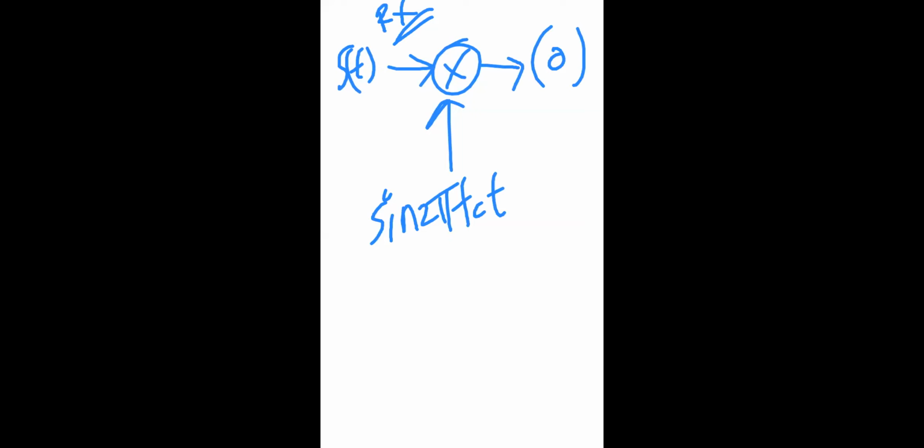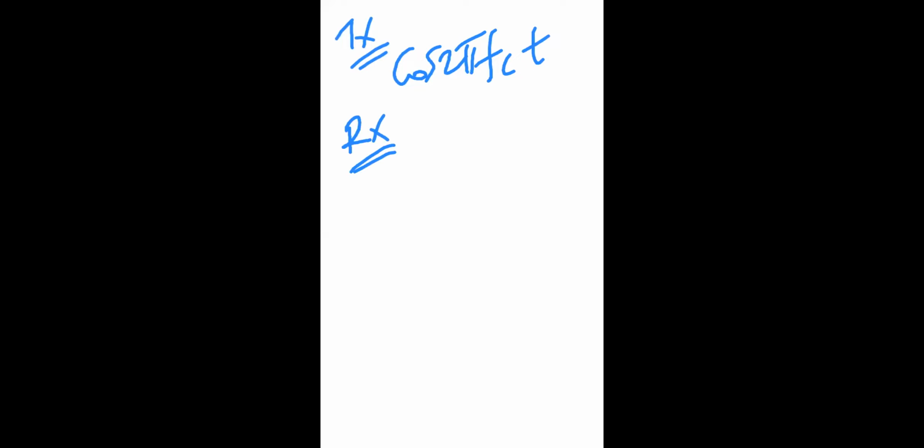Now take one more exercise. Say in the transmitter you have used the carrier cos 2 pi fct. In the receiver, instead of cos 2 pi fct, you are using cos 4 pi fct, a completely different frequency. Both are cos only, but with completely different frequency.